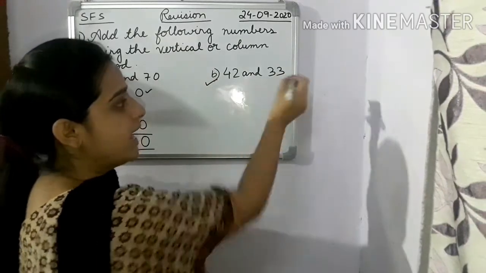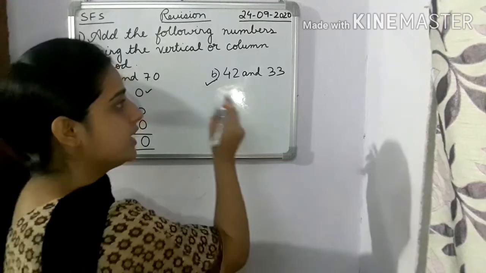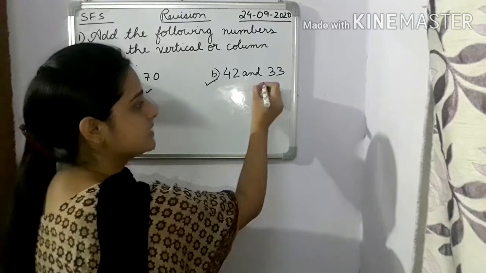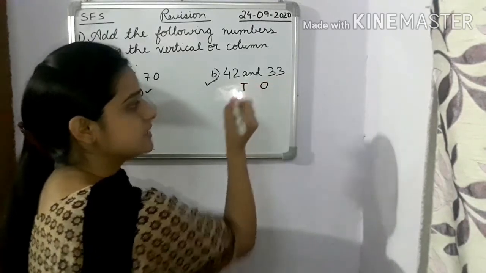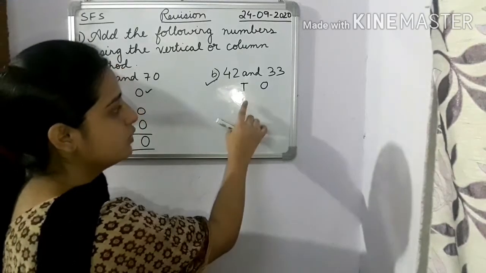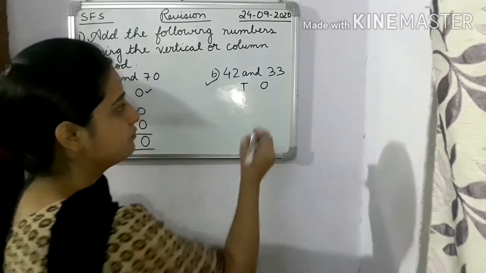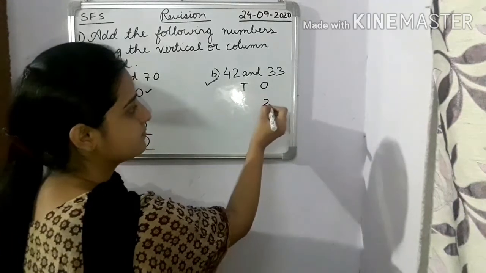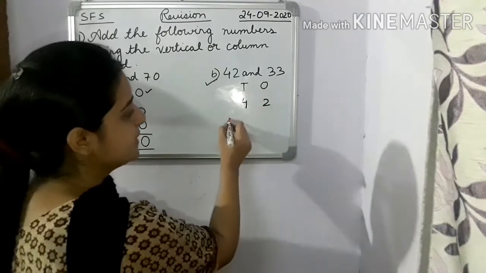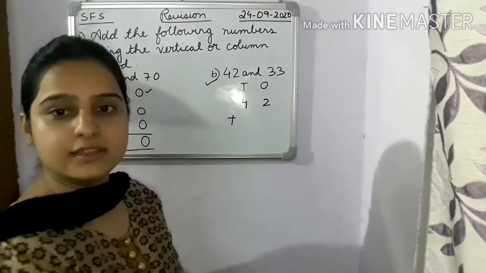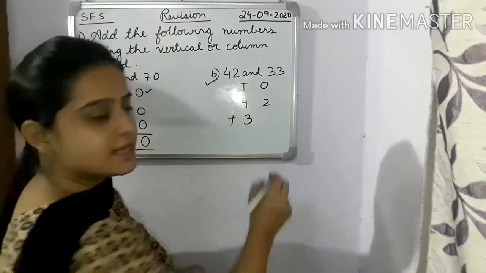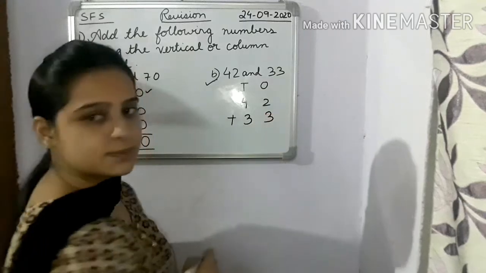Next, number B. Add 42 and 33. So children, again these are your two-digit numbers, isn't it? So we will put two places, ones, tens. Clear? Now we will place 42 in their places. So 2 comes in ones place and 4 comes in tens place. And 'and' means plus 33. 3 comes in tens place and the other 3 comes in ones place.